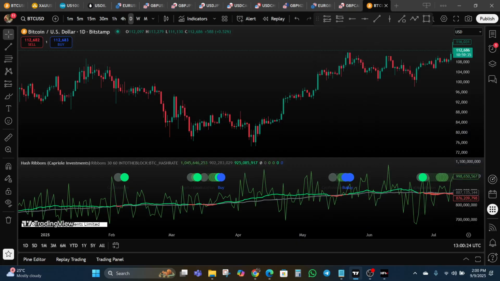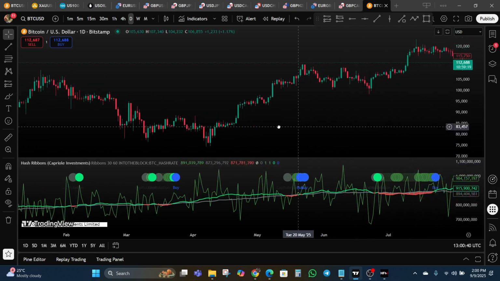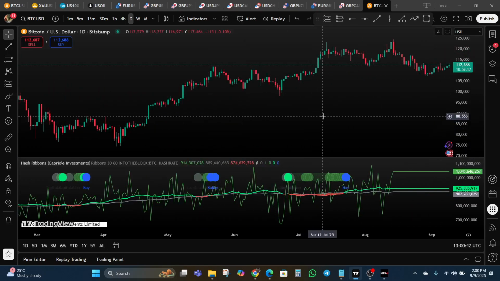Now understanding these dynamics is crucial because miner activity affects the network and can give insights into market sentiment. Miner capitulation happens when Bitcoin's price drops or network conditions become difficult, leading miners to shut down machines or sell their holdings.